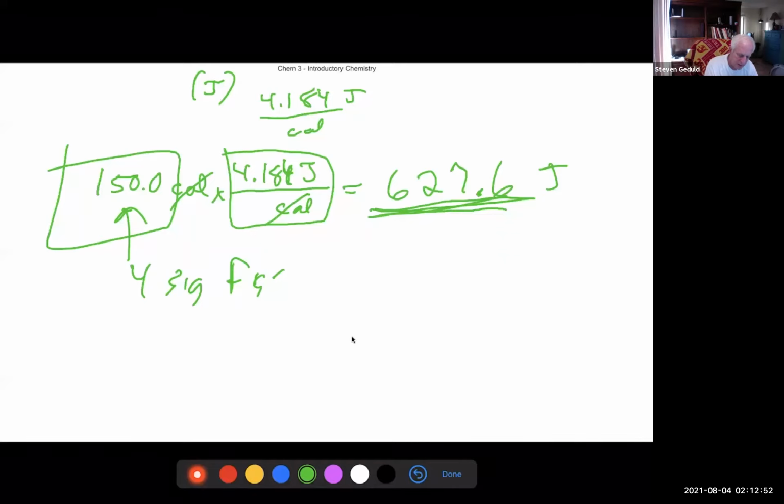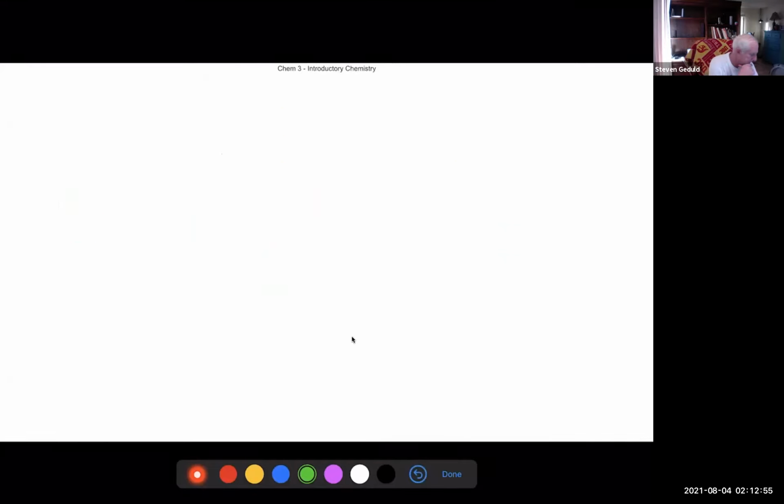All right, let's try some different ones. Say we have 0.0129 inches. And I want to convert that into micrometers. That's your problem. So basically, I'm taking a word problem, I'm putting it into chemistry terms, and now I'm going to solve it.